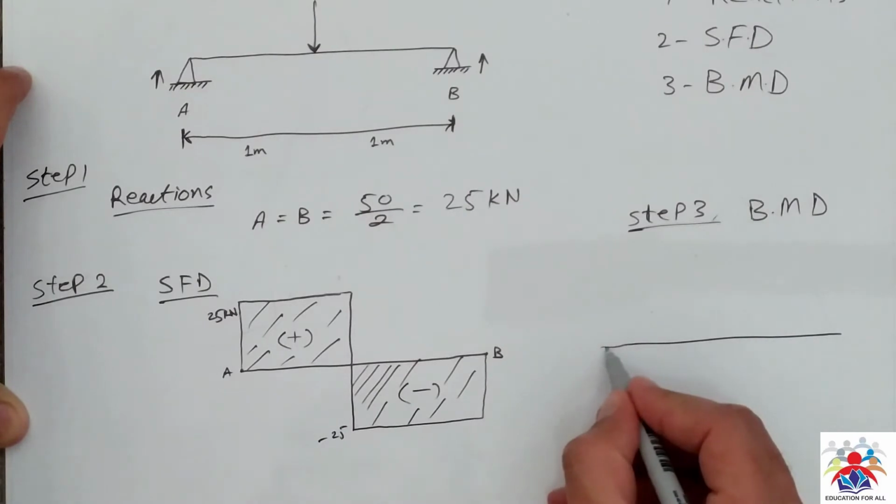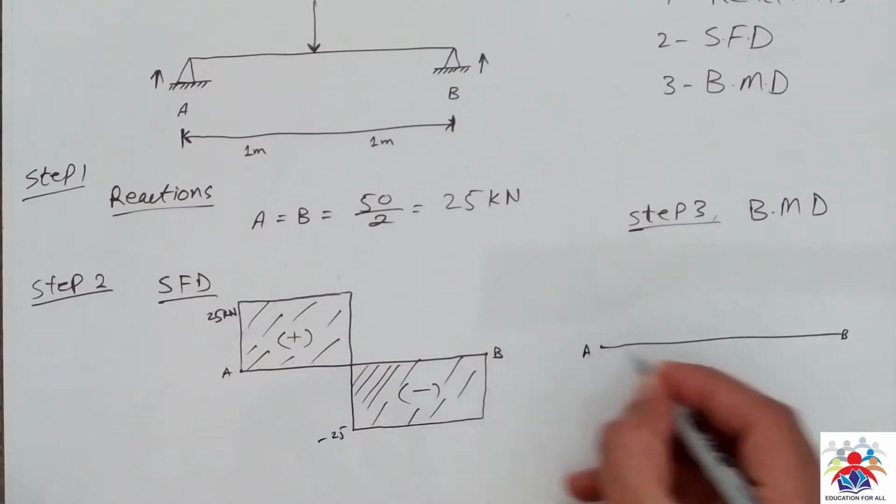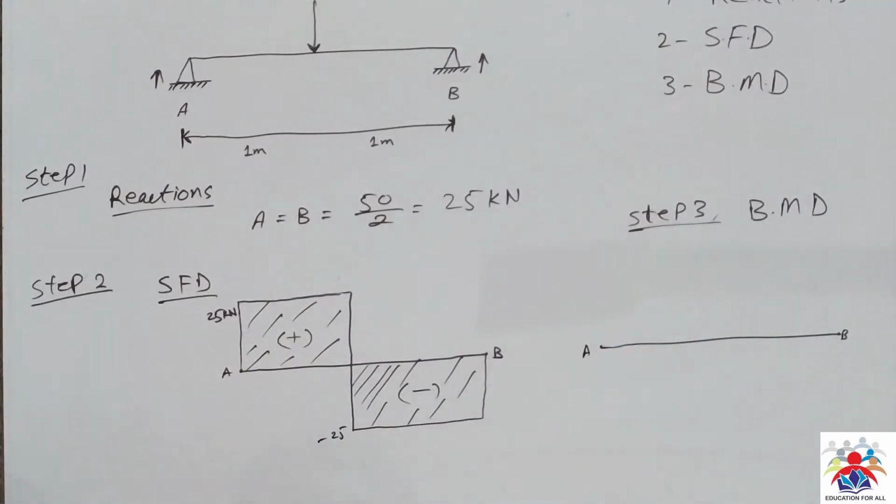This is the representation of our beam, and this is our point A and this is point B. So at point A, the bending moment is always 0, and at point B, or the first point and end point, we will always have a bending moment value of 0. So this is a check. If you are getting 0 at the first and last point, then it means your diagram is correct.